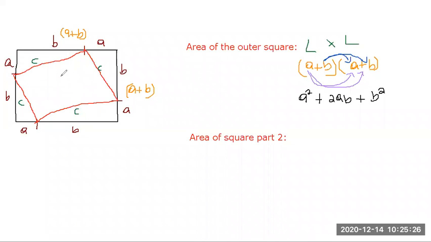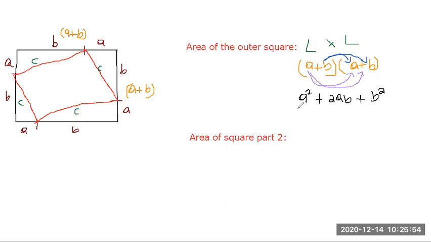If we look at this square, instead of doing it the first way, we could break it up into triangles. Do you realize that there's a triangle in the top left, a triangle in the top right? All these triangles are equal because they have height B and length A. They all have the same height and the same base.